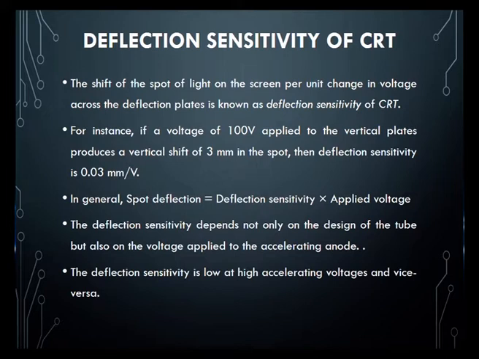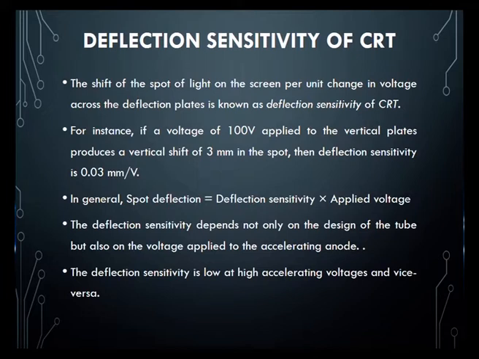So, the expression for the spot deflection is equal to deflection sensitivity multiplied by applied voltage. We can observe from this that the deflection sensitivity depends on spot deflection as well as applied voltage, and it depends not only on the design of the tube, but also on the voltage applied to the accelerating anode.